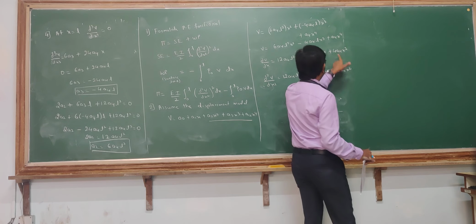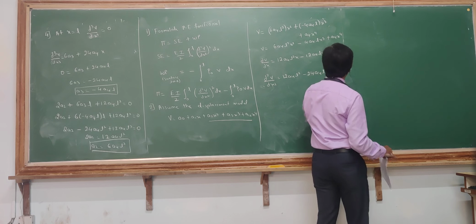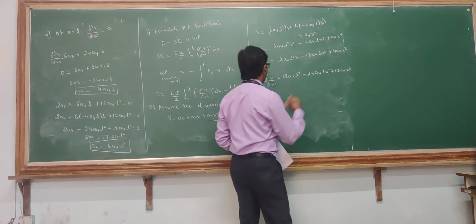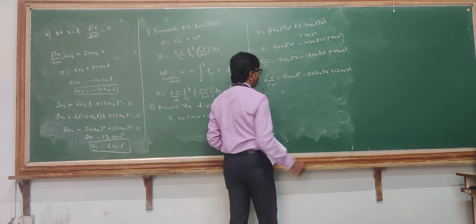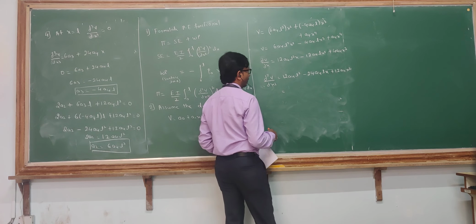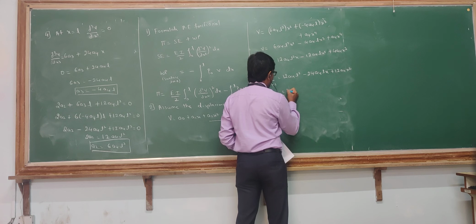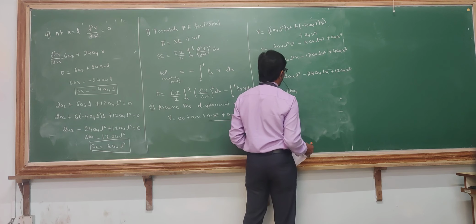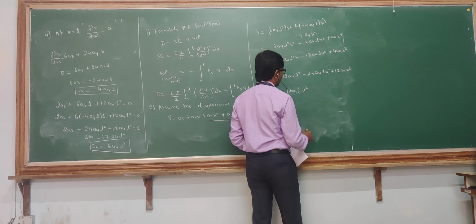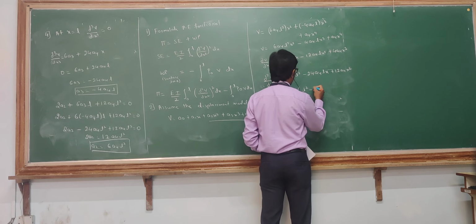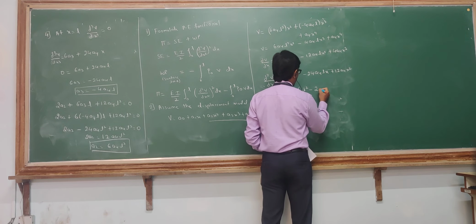So here if I multiply 3, it becomes 12 A4 x square. So this is your d square v by d x square. So what I will do is I will take 12 A4 common. Okay, so what becomes 12 A4 if I take common. So it becomes L square minus 2 Lx.